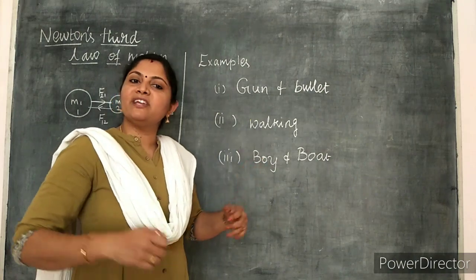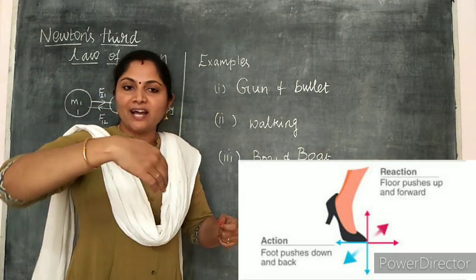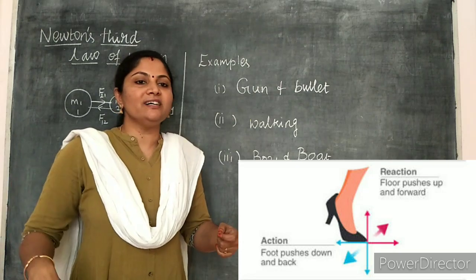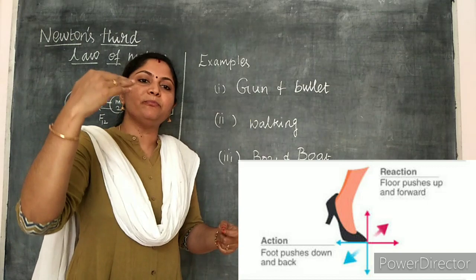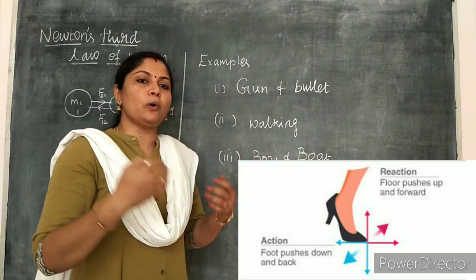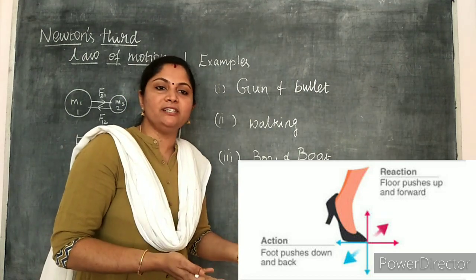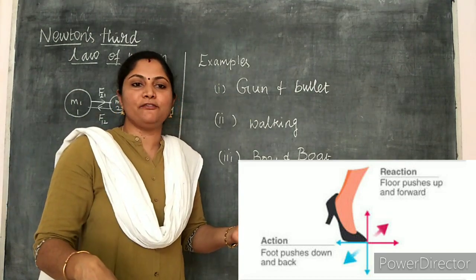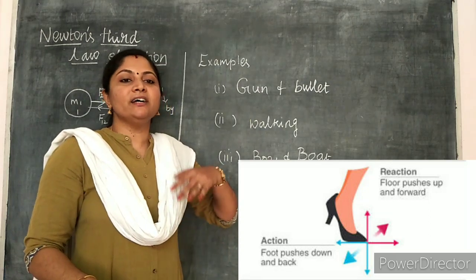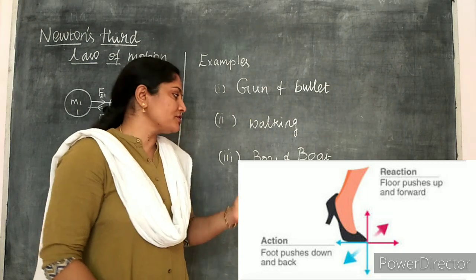Next one, while we are walking, our foot exerts a downward and backward force on the earth. At the same time the earth exerts an upward and forward force on us, due to which we can walk in the forward direction. So in this case the foot exerted a force, that is action, and the earth exerted a force on our foot, that is said to be reaction.